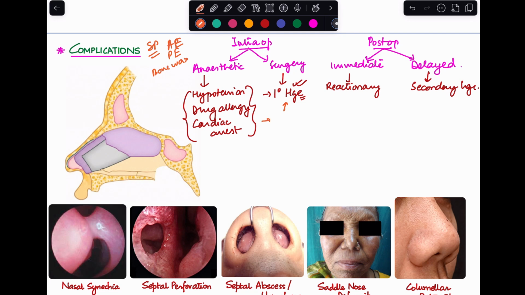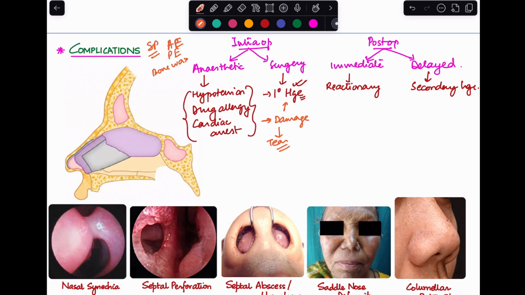And the other complication that can happen during the time of surgery is you can end up causing damage to the surrounding structures. For example, maybe during the time of elevation of the flap, you may end up causing a tear in the mucoperichondrial flap. So, if you do end up causing a tear to the flap on one side, if it's only limited to one side, then you do not have much to worry about.